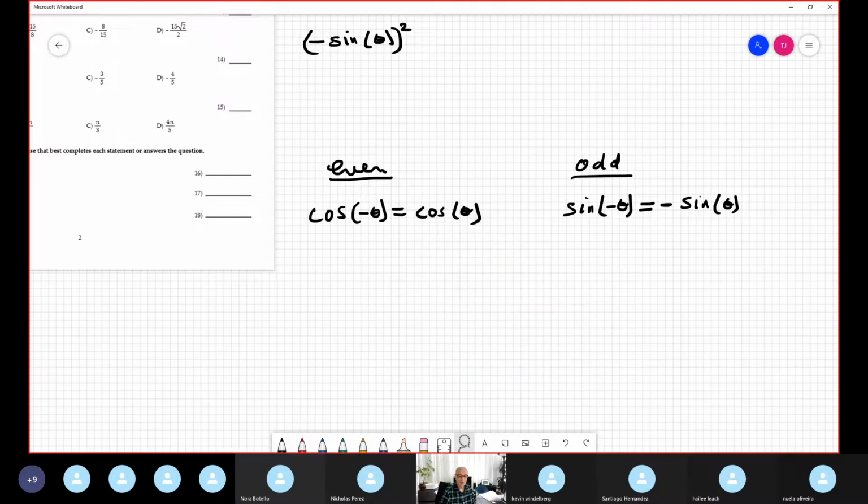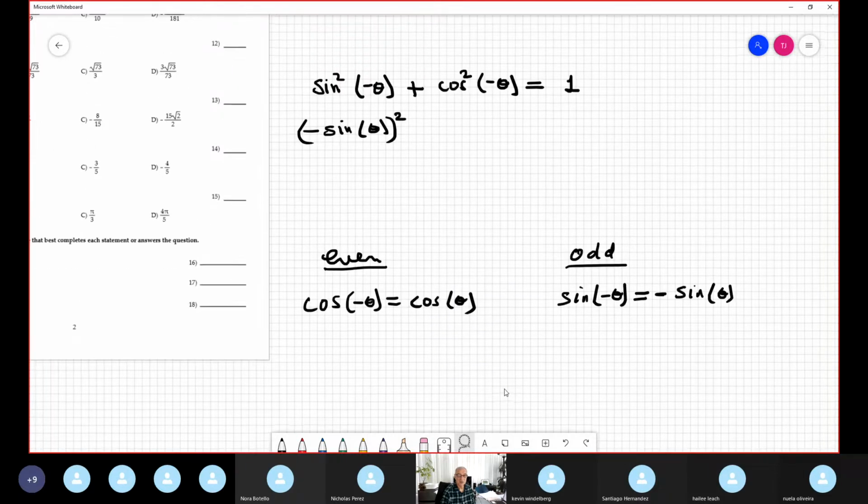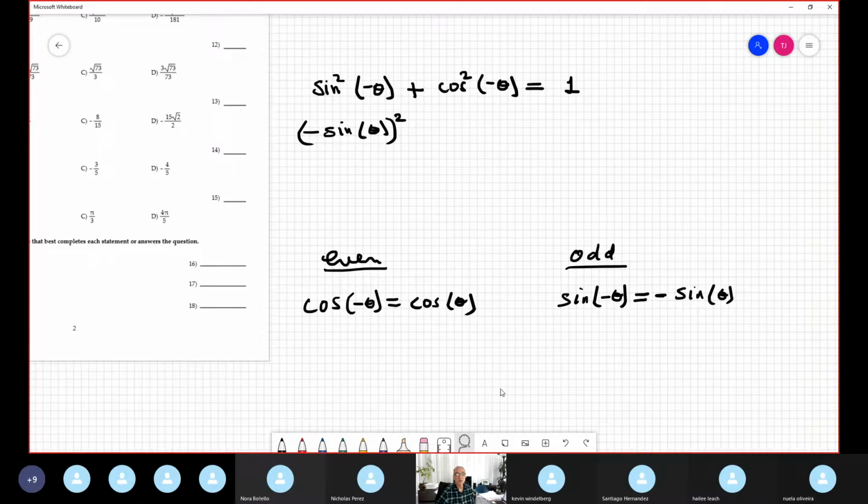Okay. Now, let's continue. Entonces, plus cosine theta, doesn't affect the sine squared, equal 1. And you know that when you square negative something it is positive. No?